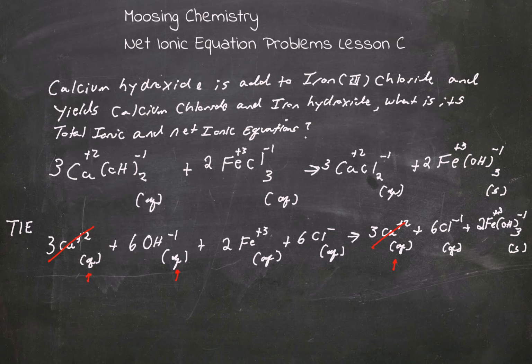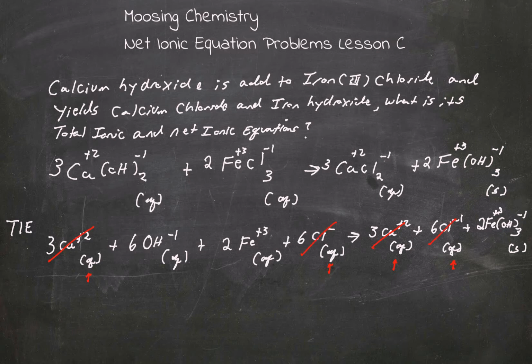OH is AQ here, but solid here, so it doesn't go away. Fe is AQ here and solid here, so it doesn't go away. Chlorine is AQ here and AQ here, so it does go away.